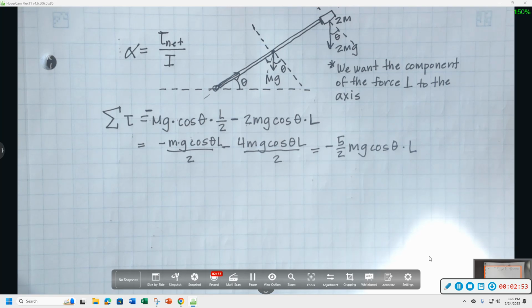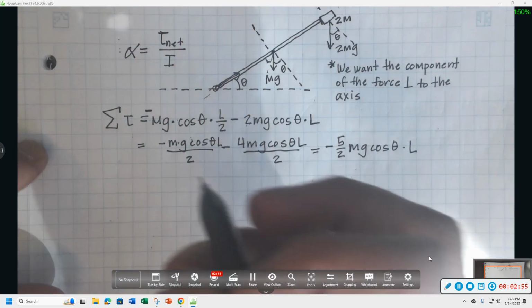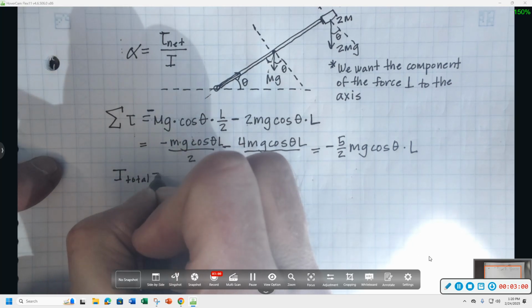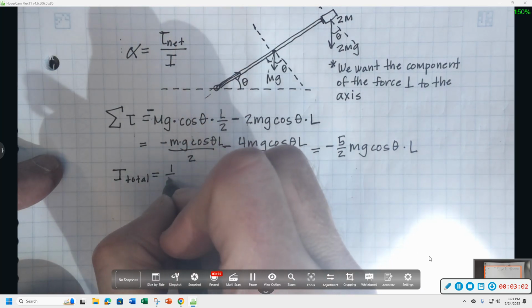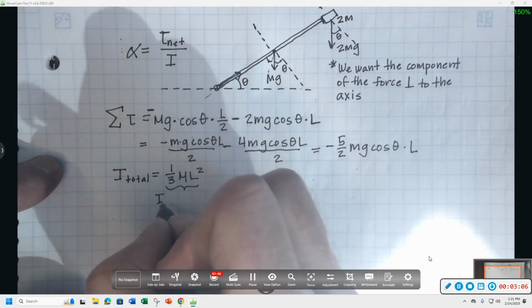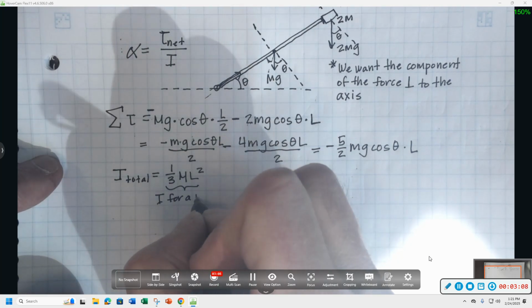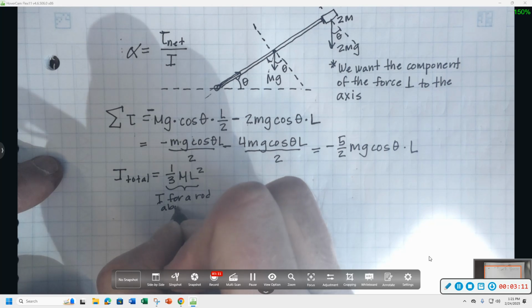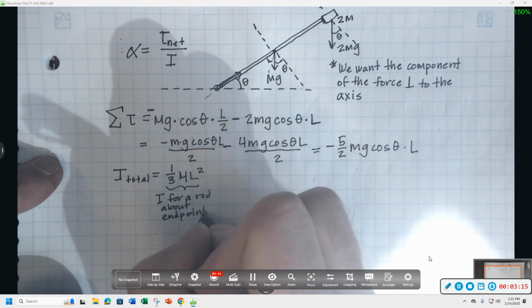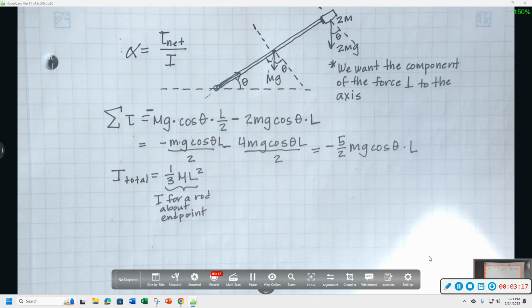Good? Okay, now, if we're talking about I total, again, I said 1/3 ml squared. This is I for a rod about the endpoint. Okay.